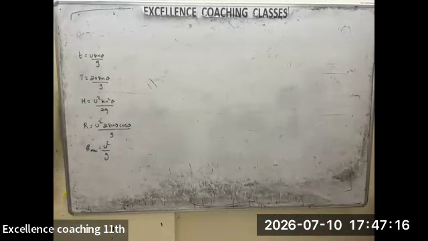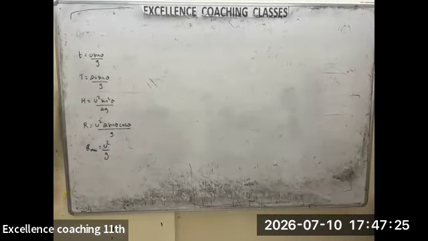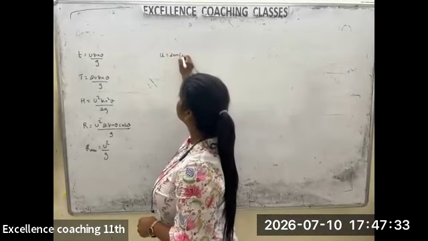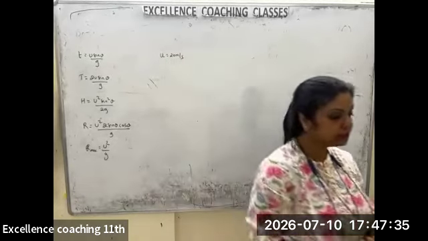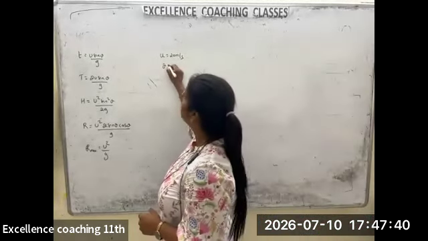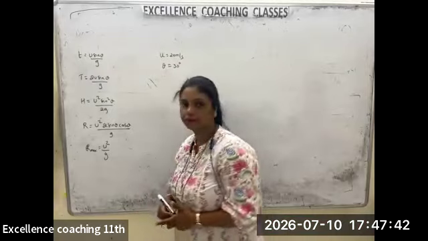An object is thrown. See how much information the exam gives you, they will mention it. So what is the initial velocity with which it is thrown? 20 meter per second. And the angle of projection theta is given as 30 degrees.